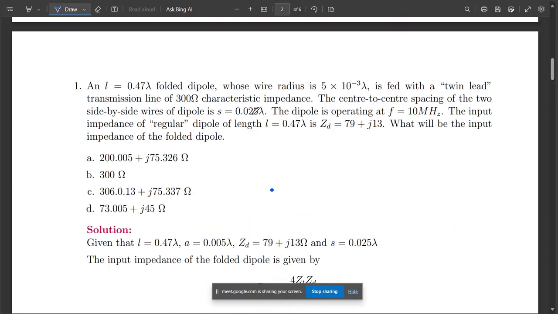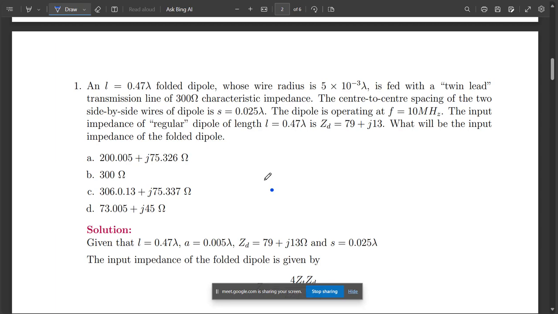Now it is also said that this dipole is operating at f equal to 10 megahertz. All right. And the impedance of the regular dipole is ZD, and it is asked what will be the total input impedance of the folded dipole. Got it?